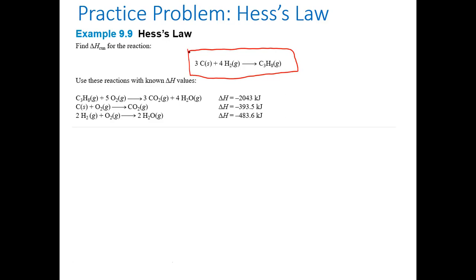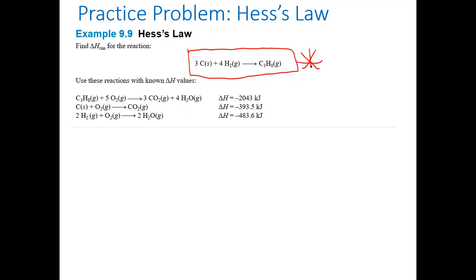I'm not giving you any delta H of formation, so you can't find it that way. Instead, you've got to use these 3 equations I've given you that already have delta H's associated with them. So we've got to manipulate these 3 equations so that I can add them together to give me this equation up top.